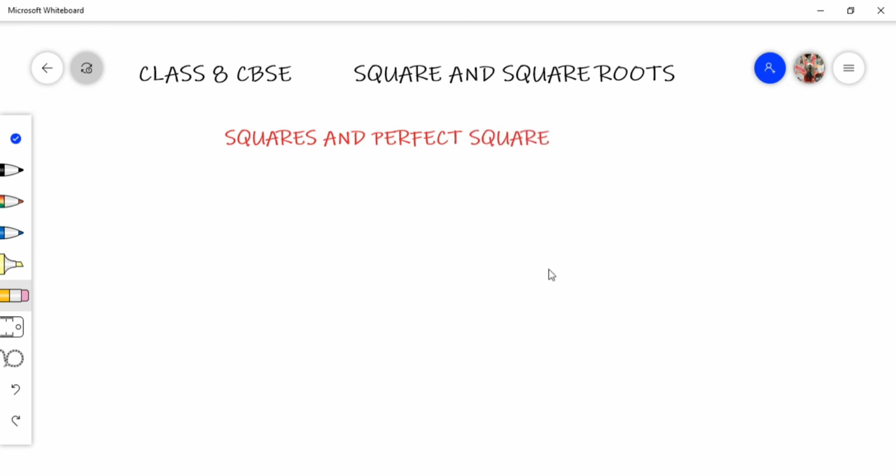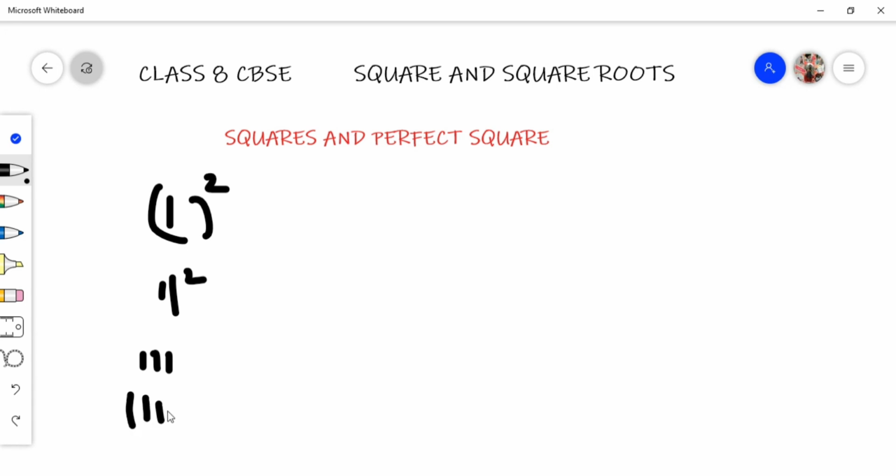So let us take the ninth property. That is the last property. Some square numbers follow an interesting pattern. So here you can say square of 1, square of 11, square of 101. So this is also a very easy one. Square of 1 is equal to 1.